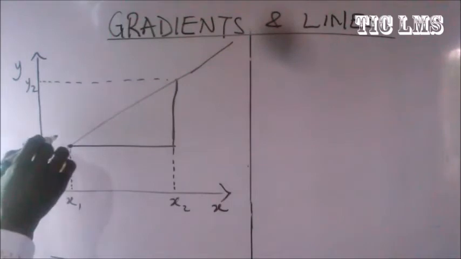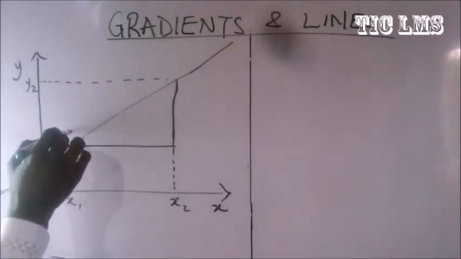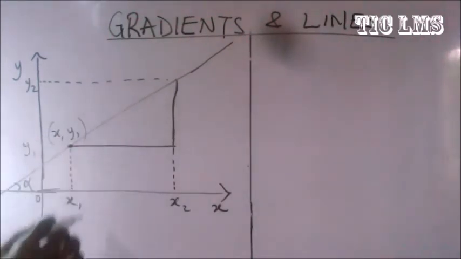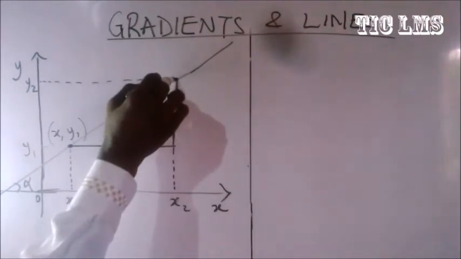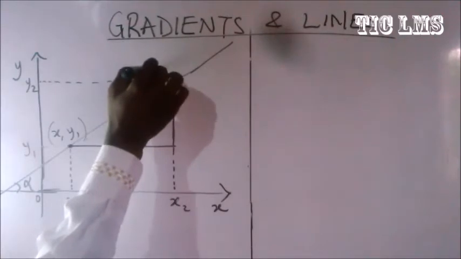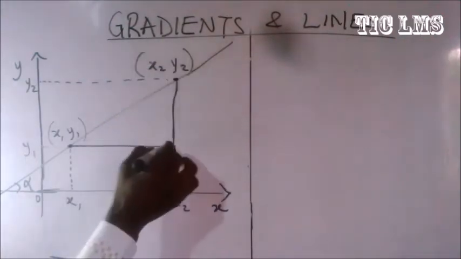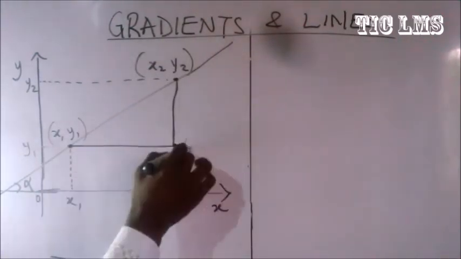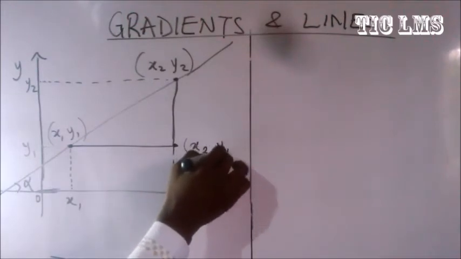This point here is x1 y1, and over here we'll call this place x2 y2. Likewise this point, we'll call this point x2 and y1.